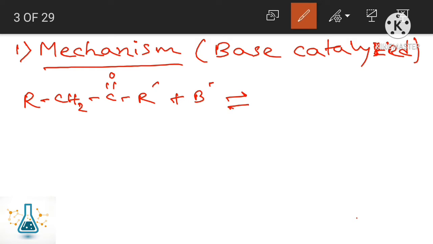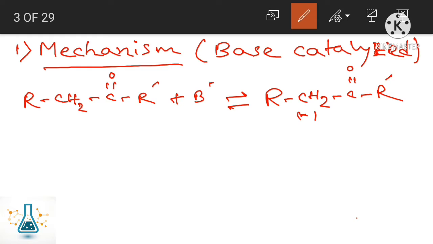This is a reversible reaction, so in the presence of base it will give RCH minus COR prime.